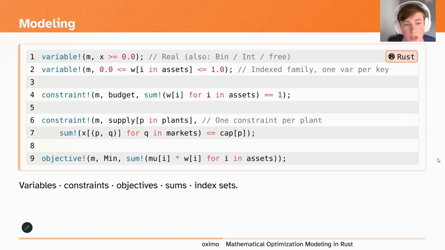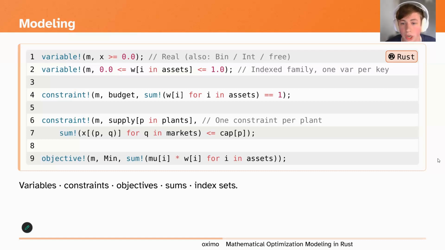Now for modeling, as I've said, we use macros, so there is a lot of syntactic sugar here that we can parse using token streams. We can define variables as either real, binary, or integer and free.